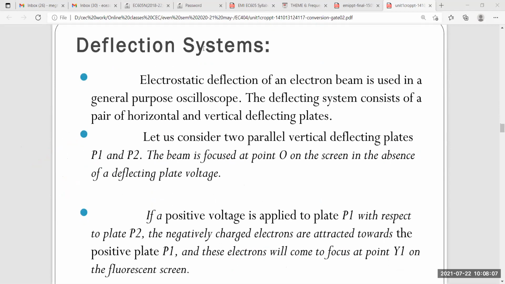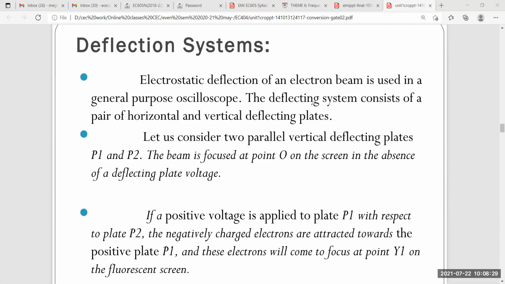Now let us come to the deflection system, which I told you has two types of deflecting plates, horizontal and vertical. The deflection plates actually decide the position of the beam, whether it will go up and down and whether it will go left to right. So that is also an important point.